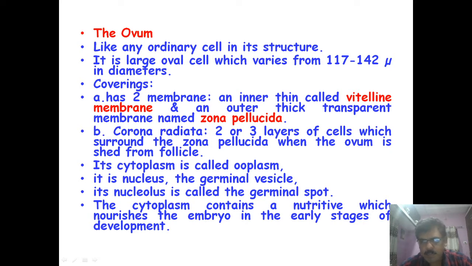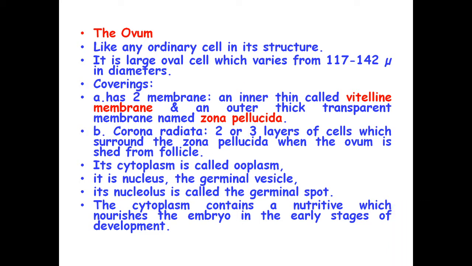It has two membranes. The inner membrane is called the vitelline membrane, and the outer thick transparent membrane is the zona pellucida. Next to the zona pellucida, there are two or three layers of cells which surround the zona pellucida, and we call that the corona radiata.